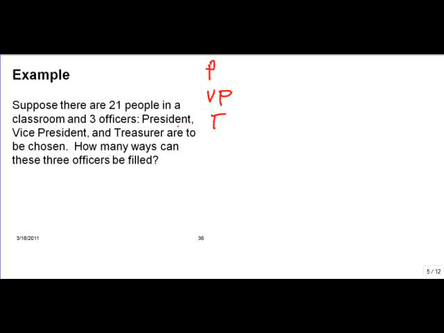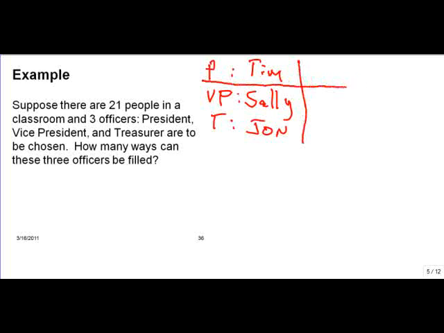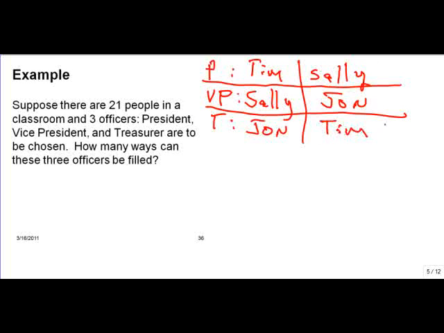So in order to determine if order matters, so for president, if I chose Tim, for the VP I chose Sally, and for the treasurer I chose John, is that the same as choosing Sally for the president, John for the vice president, and Tim for the treasurer?